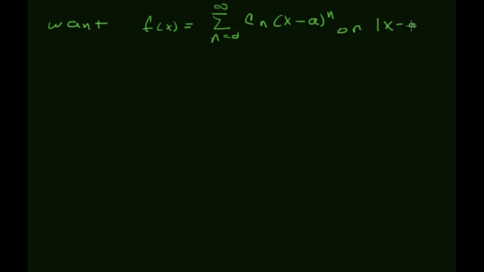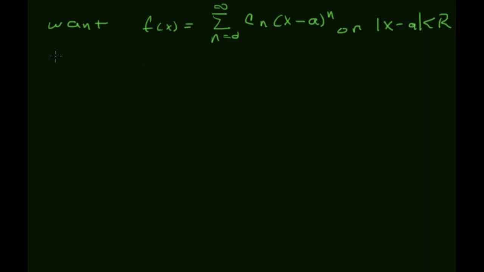Okay, so what we want is f of x to equal some power series, n equals 0 to infinity, c sub n times x minus a to the n, when I'm on some interval, right? So the distance between x and a is less than some value r. This is what I'm looking for.